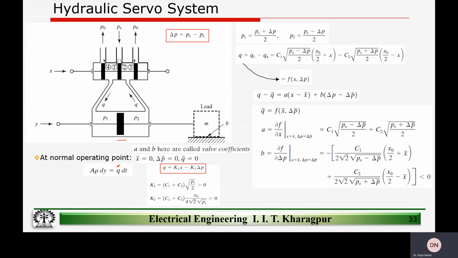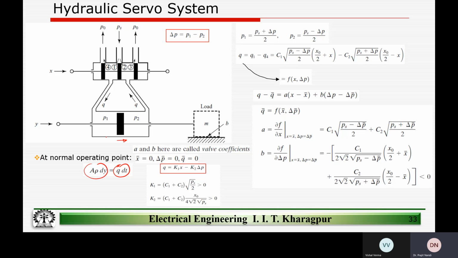So this guy, let's say, moves incrementally for a duration of time delta T. So that flow rate multiplied by delta T will be equal to the volume that we have displaced, which is A rho dy. Rho is the fluid density. So this is understandable, I hope.